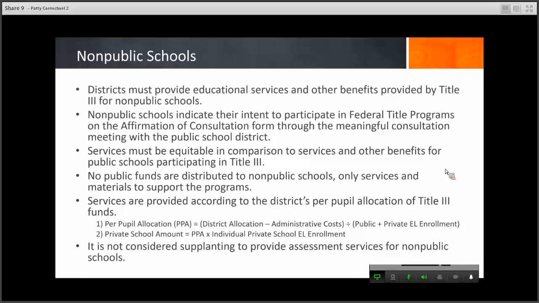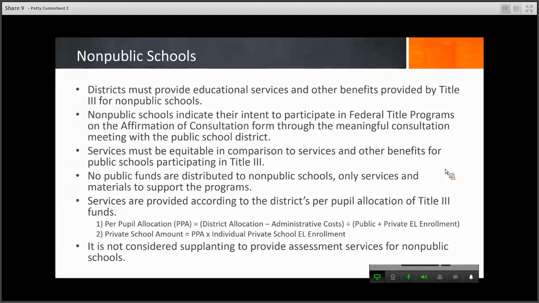The services for Title III funds, basically the way that you can think about that is the student allocation that you get per pupil for Title III should be provided to non-public school students or teachers or schools as well.